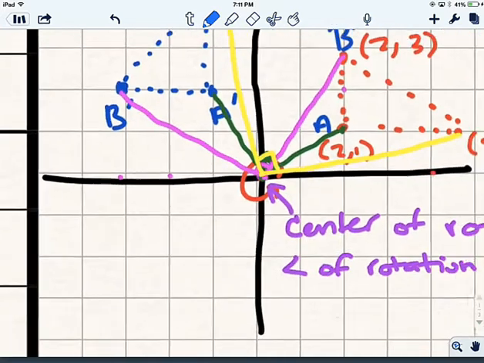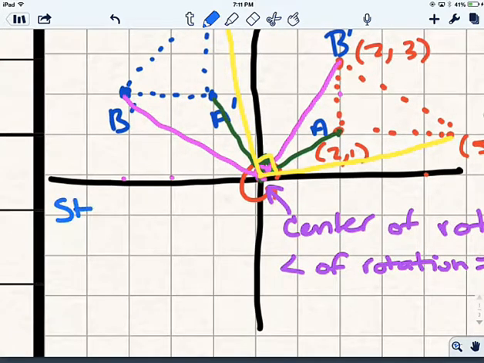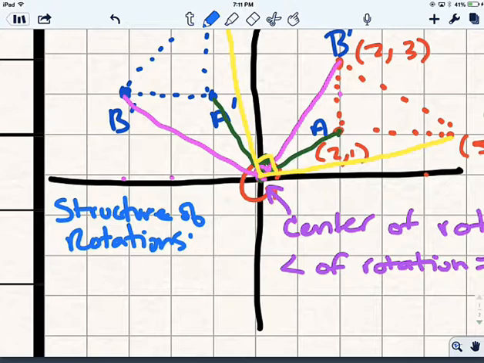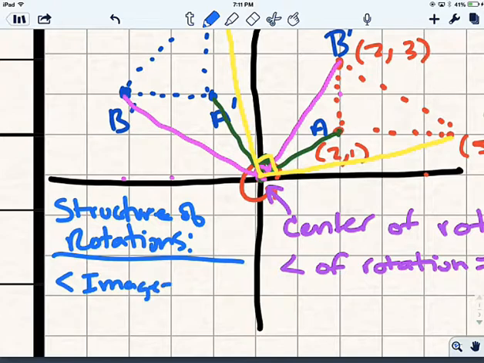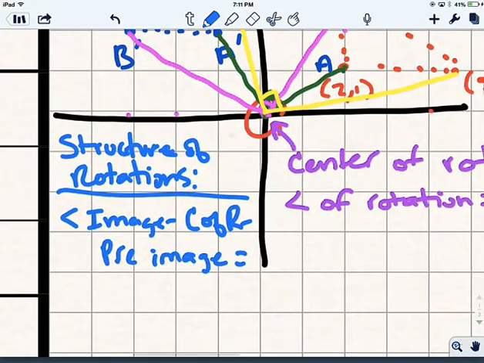So in the structure of rotations, the angle from image to center of rotation to pre-image equals the angle of rotation.